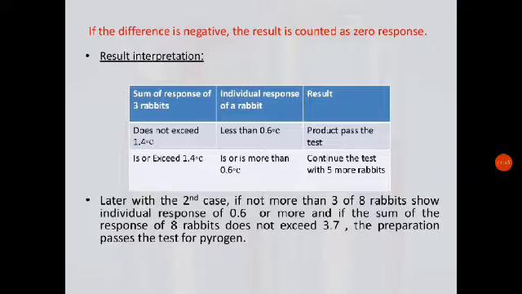If it is more than this limit, then the test is repeated using 5 more rabbits, so that the total sample is 8, and now individual rabbits should have a rise of not more than 0.6, and similarly the average should not exceed 1.4.